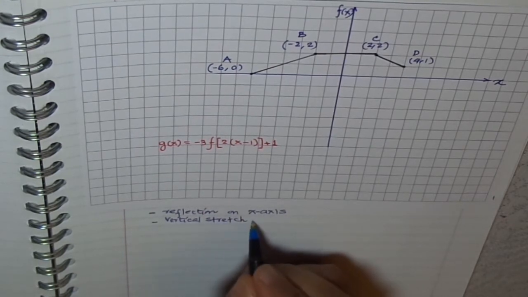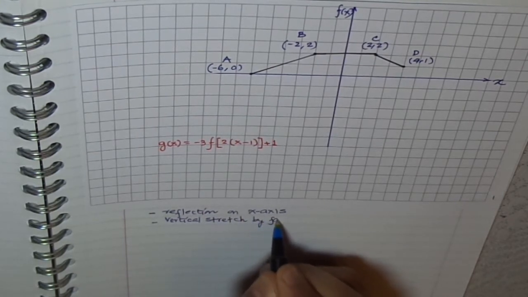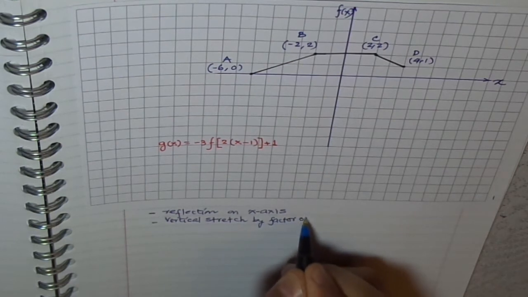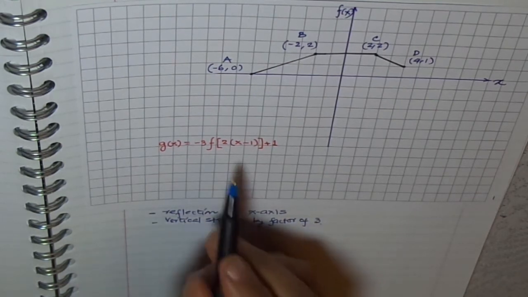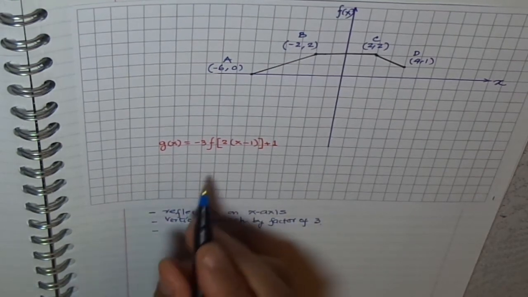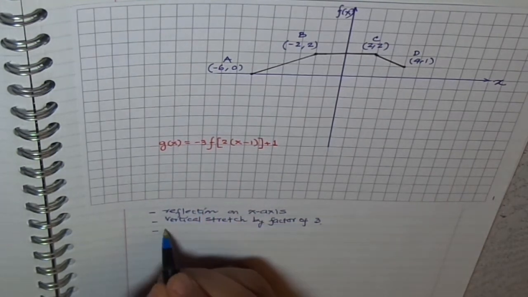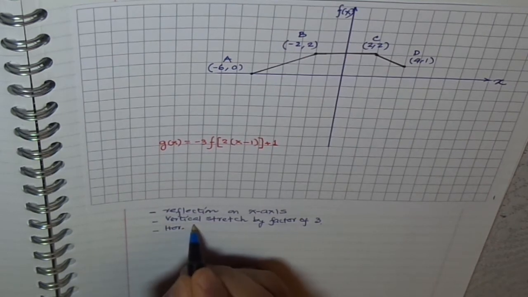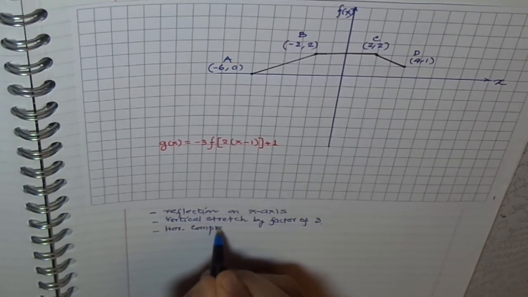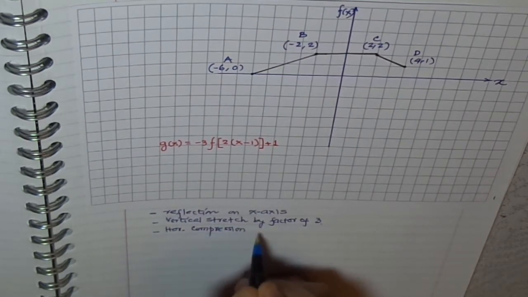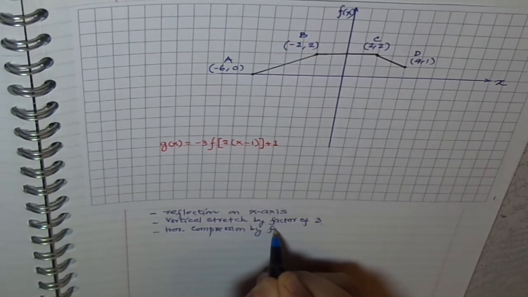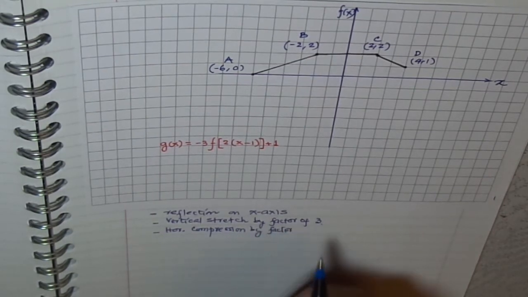by a factor of 3. And then 2 is the k value. Because 2 is greater than 1, it is actually a horizontal compression by a factor of, can you tell me?